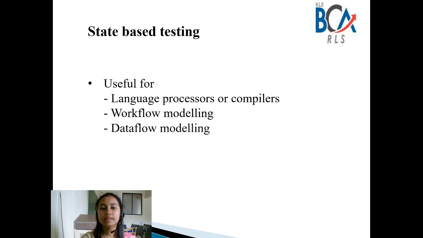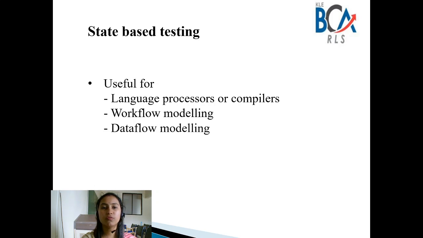Basically in this technique, the tester provides both positive and negative input values, and then tests the system, and you will record the system change or system behavior.